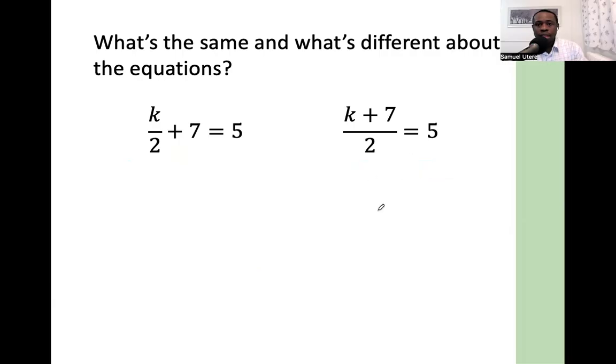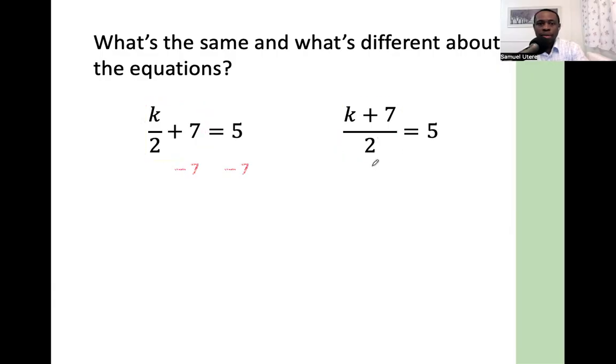But have you noticed that this is different? We have this whole lot, k plus 7, being divided by 2. So I'm sure you're thinking what we would need to do to eliminate dividing by 2. What is the inverse? Can somebody tell me? Of course, it is to multiply by 2. So that's what we're going to do.